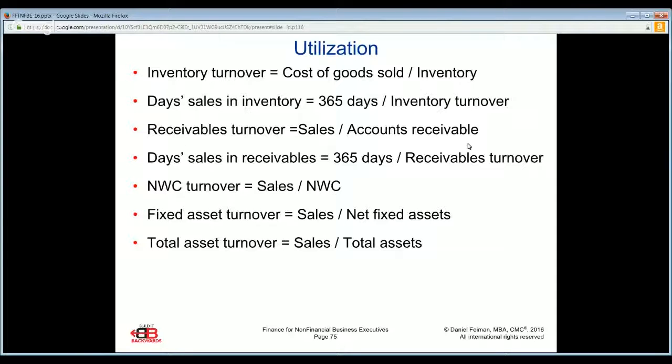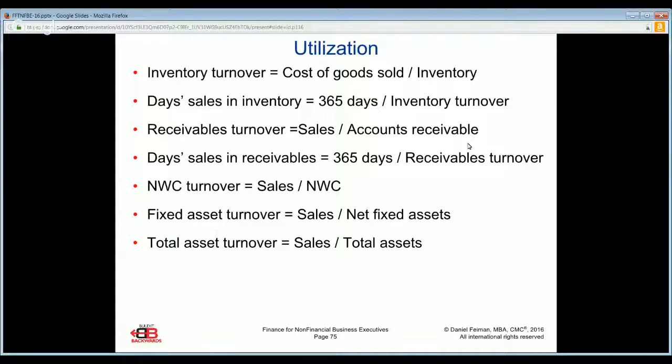But if we calculate our inventory turnover first, then divide that into the number of days in the year for the days sales in inventory, it gives us a very simple way to understand how long our average piece of inventory is sitting in the warehouse. How does that compare to how long we wanted it to sit there? Critical. We'll do effectively the same thing with receivables.